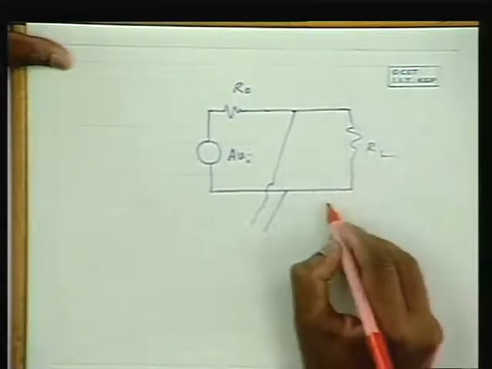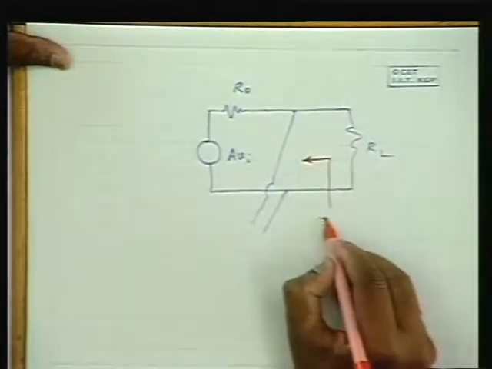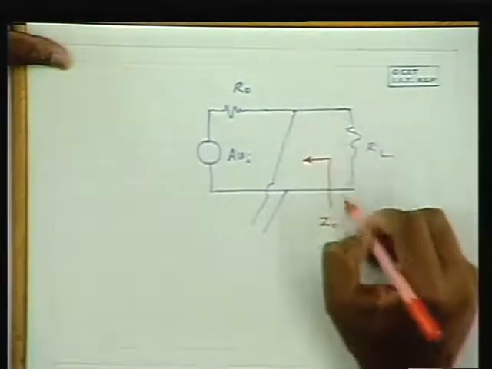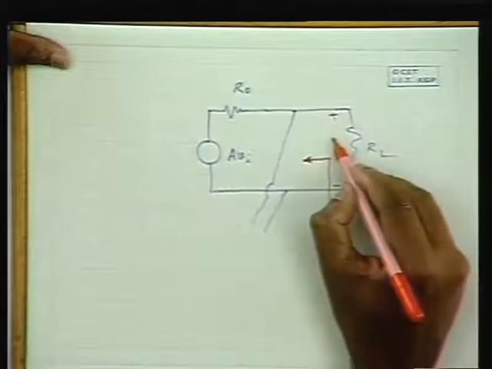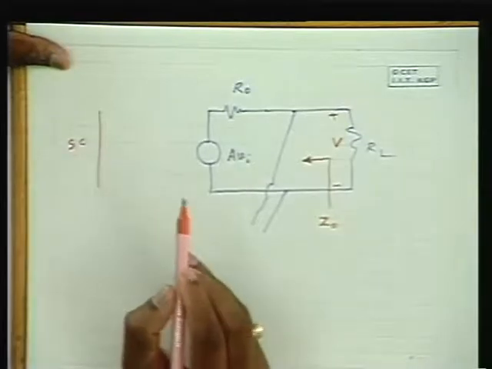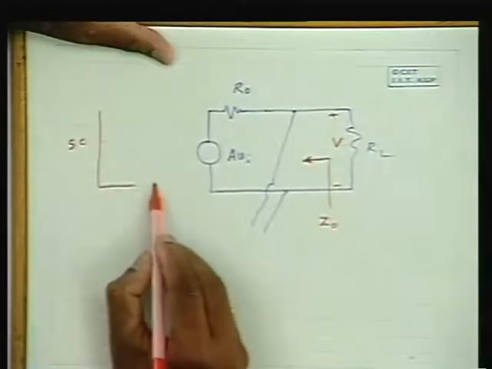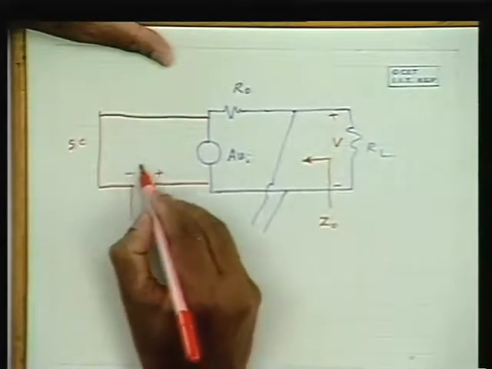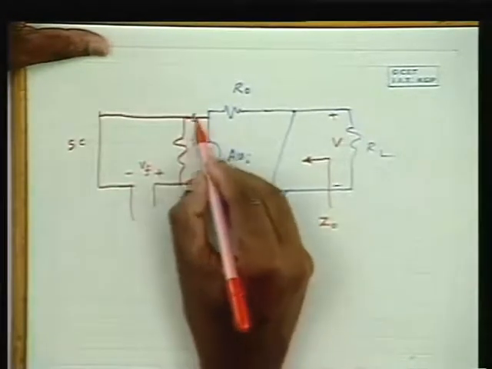And how do you determine the output impedance? The output impedance is determined by removing the load resistance and exciting the output by a voltage source V, and short circuiting the input side. If it is voltage series feedback, for instance, there would be some feedback voltage Vf which appears across the input side.